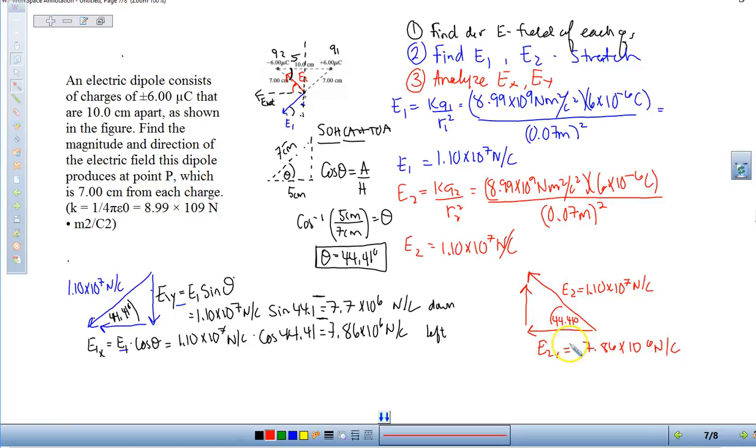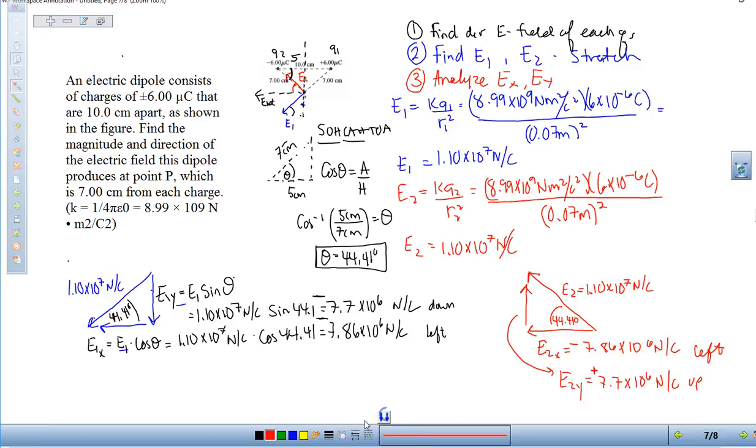And then since this is going left, that will be negative. EY is going to be that value, 7.7 times 10 to the 6 newtons per coulomb. But this one is going up, so that will be positive because that's up and this is left.